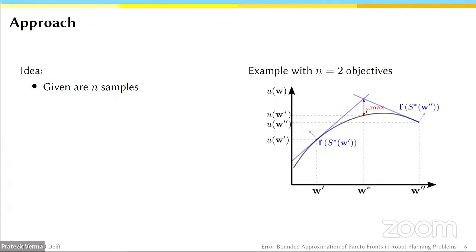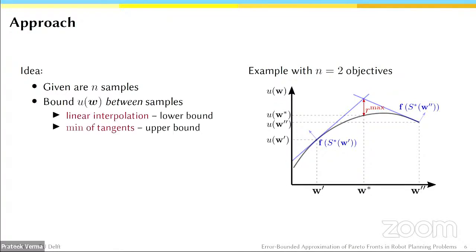So let's say we have n samples, where n is the number of objectives that we have in our problem. We can now bound this optimal cost function between the samples, and we can do that in two ways. We can do a linear interpolation of the objective values, the function values, which will give us a lower bound that holds because the function is concave. And we can take the tangents from both of these samples, which then builds a nice roof over the function.